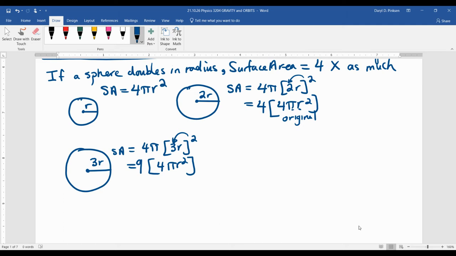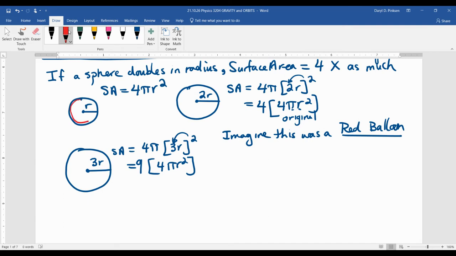Well, it's kind of like blowing up a balloon. So let's say, if this were a balloon, just imagine this was a red balloon. And so I'll color that in red. Okay, so when the balloon is this size, it's going to be very deeply red, right? It's got so much red dye in the balloon.